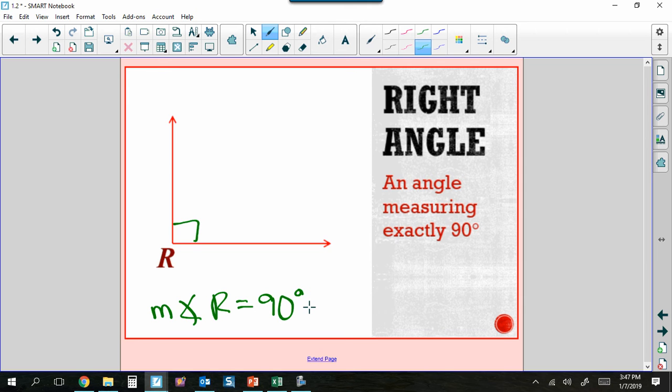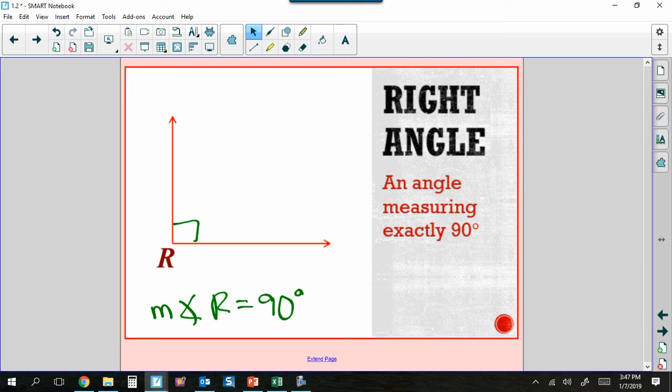Now, if you ever see what looks like a right angle and the right angle marker is not there, it is very important in geometry that you don't ever assume anything. Because while it may look like a 90-degree angle, it's very hard for us to just look at something and know whether it is 90 degrees or 89 degrees or 91 degrees.